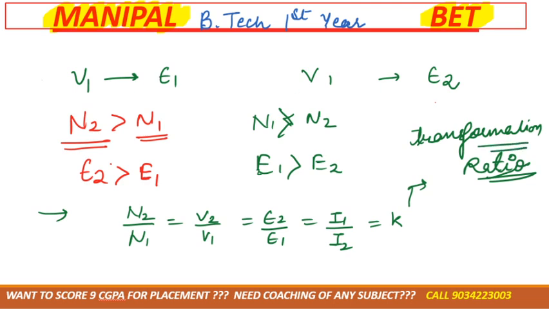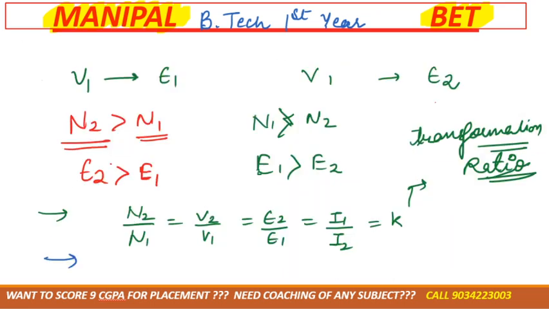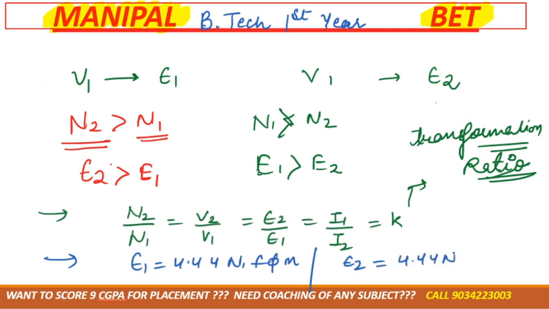Understood? Now the question arises, on which factors does the EMF depend? So we have E1 equal to 4.44 N1 f phi m.